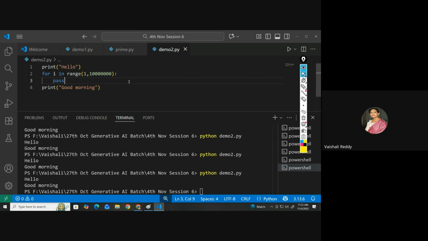Everybody understood the pass keyword? Yes, everybody. Are you able to understand the pass keyword? Can you please press the thumbs up to confirm if you are able to understand it? Yes. So please go ahead and try this.